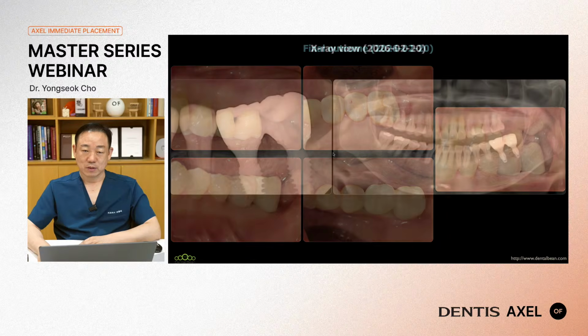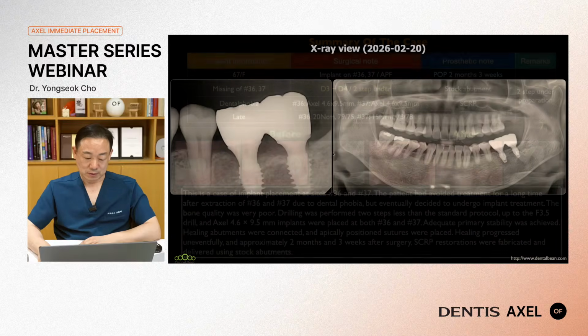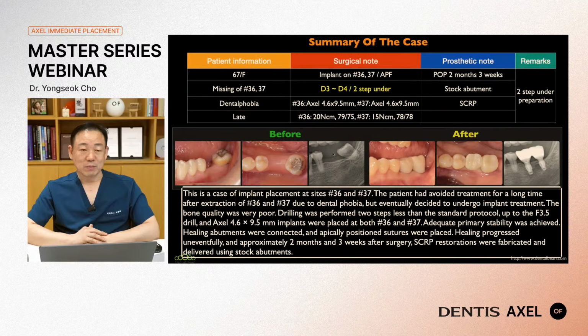So, case finished like this. Okay. Sometimes when patient has really poor bone quality and the risk of implant dislocation into the mandibular body, I do bone graft before implant installation.